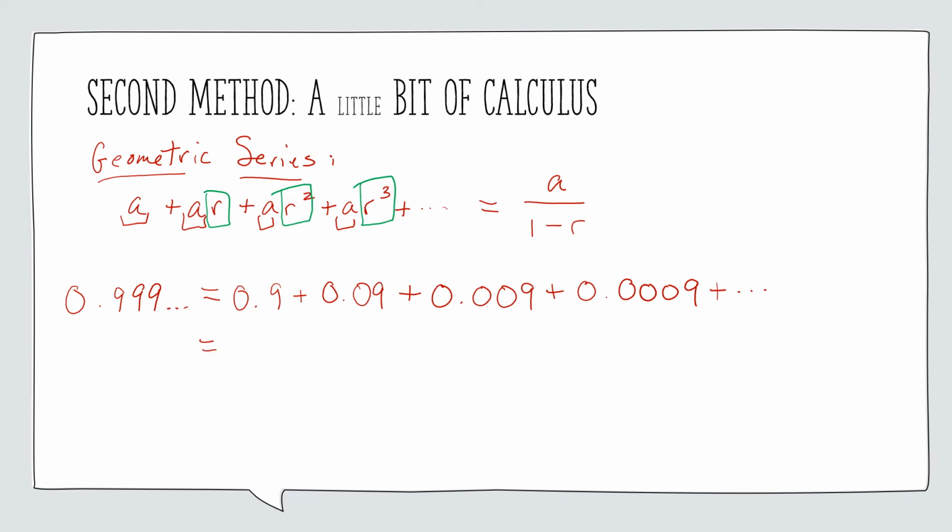If we think about our 0.9 as our a value, well, 0.09 can be thought of as 0.9 times 0.1.